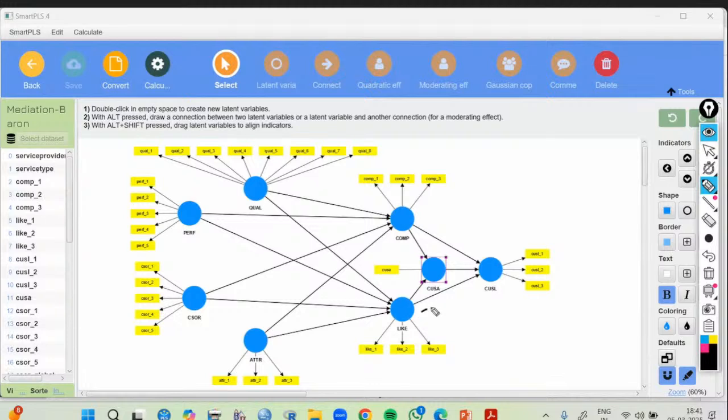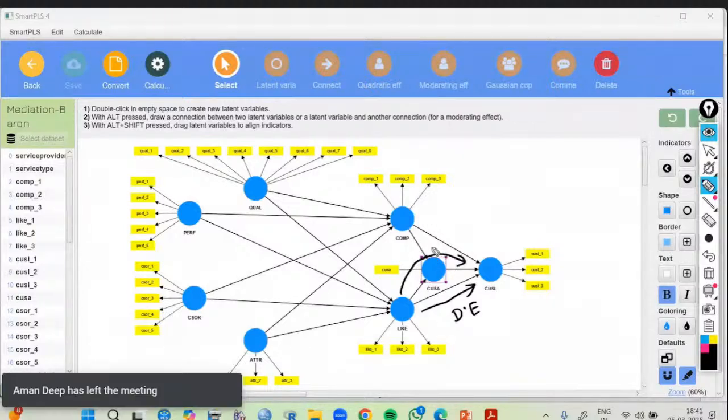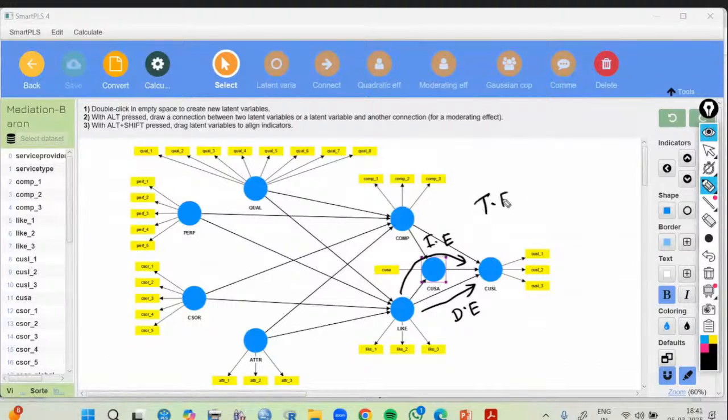This is our direct effect, and this is our indirect effect. And the total effect equals direct effect plus indirect effect. So this should be significant.